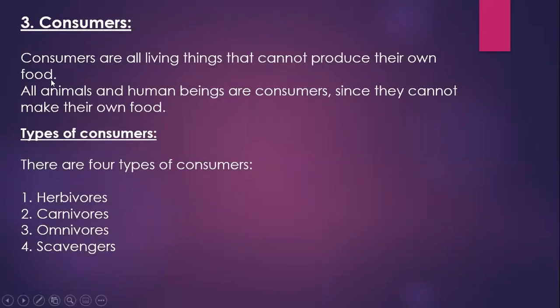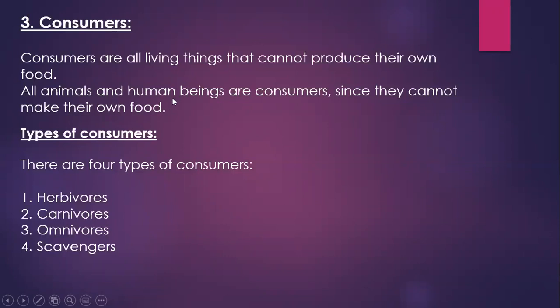Consumers are all living things that cannot produce their own food. Not like the producers, consumers cannot make their own food. They cannot produce. They have to eat from the outside. They have to eat some other animals or the plants to get the energy.